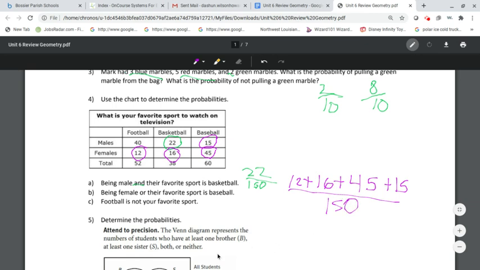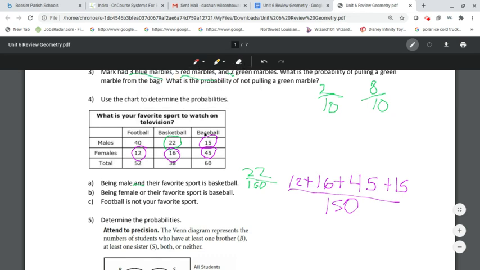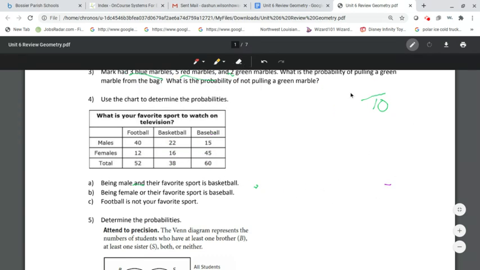All right, and the last one, your favorite sport is not football. So we're going to do not football. So let's erase the other ones before we get started with that. All right, so not football. You are going to include everything that is not football. So that will be your basketball and baseball.